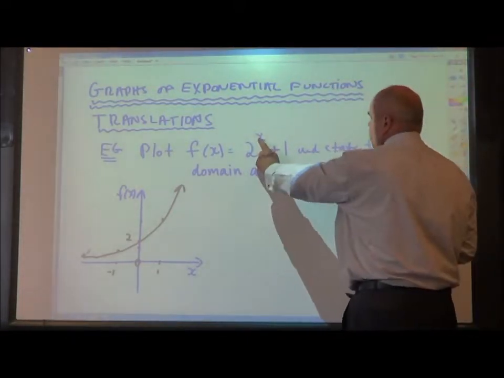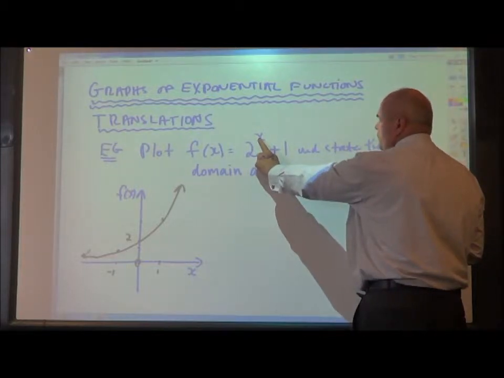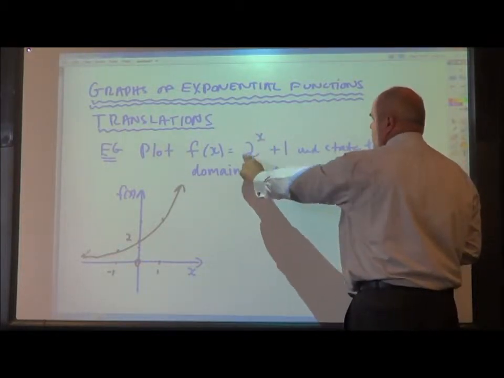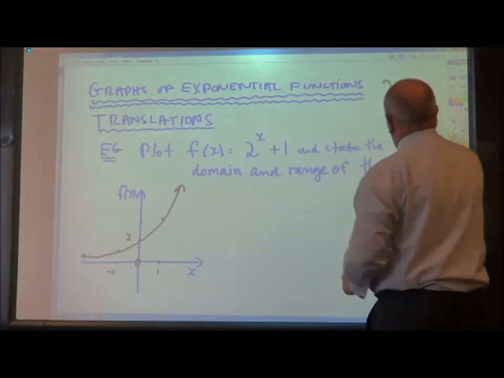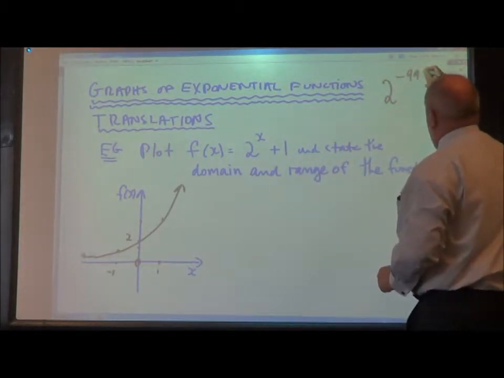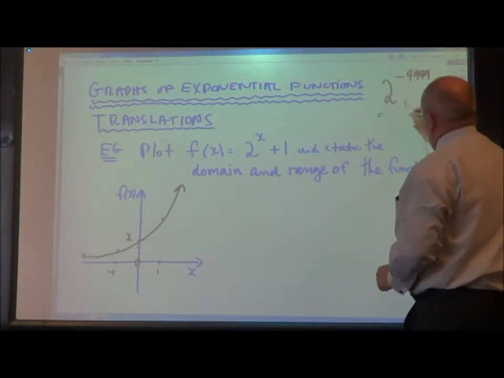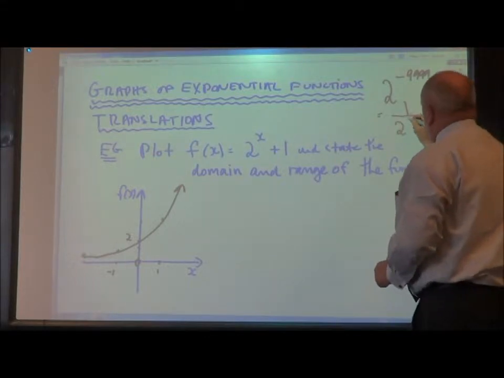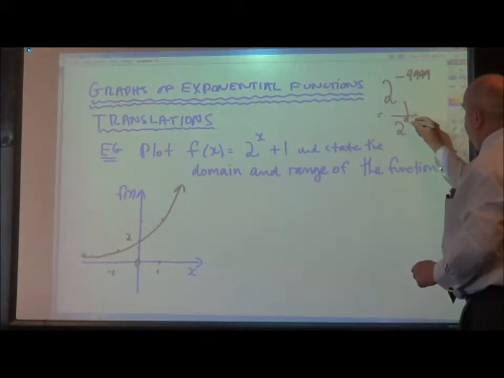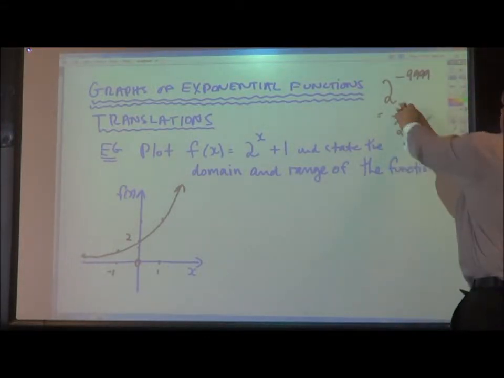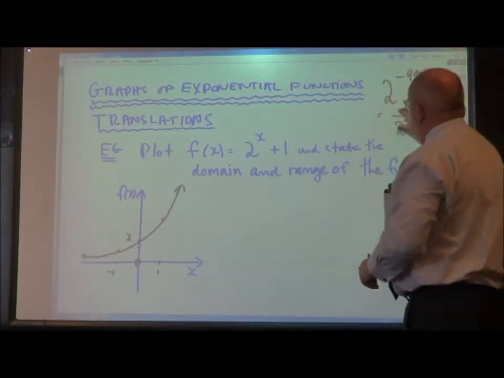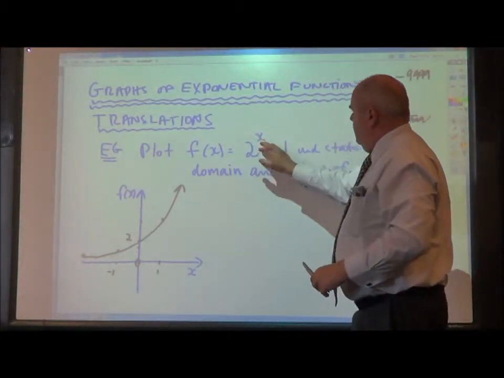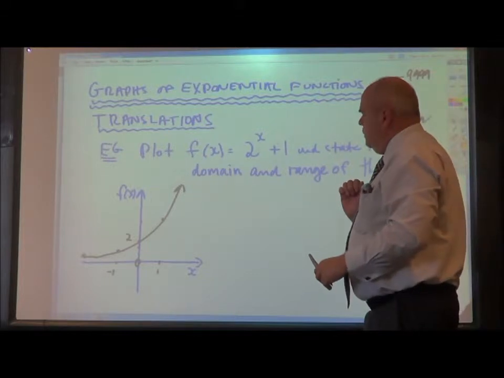Because if this is very negative up here, that becomes a very small number. 2 to the power of a very negative number is equal to 1 over 2 to a very large number, and that's approaching 0, isn't it? So it's approaching 0, but I'm always adding 1.